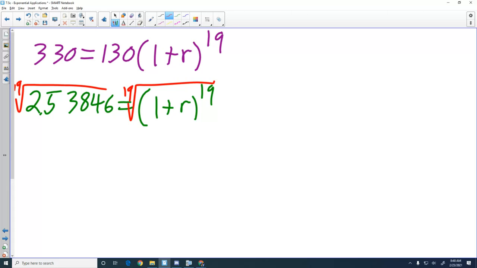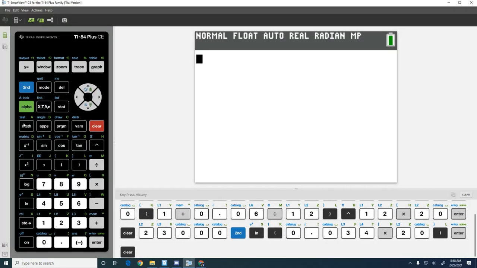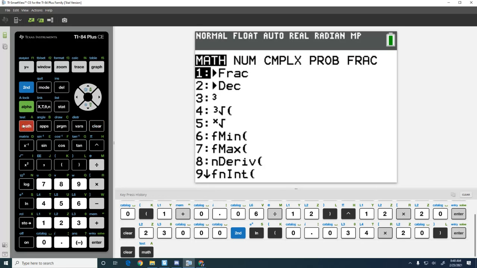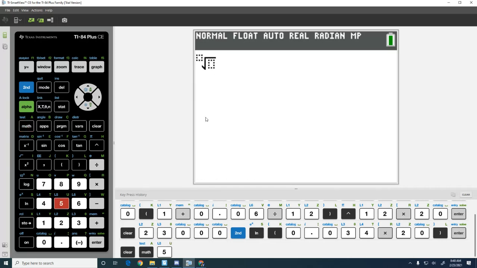On your calculator, if you ever want to do a 19th root or something other than a square root, you go into the math menu right here, you'll see down option 5 says X root. That's for a different type of root.